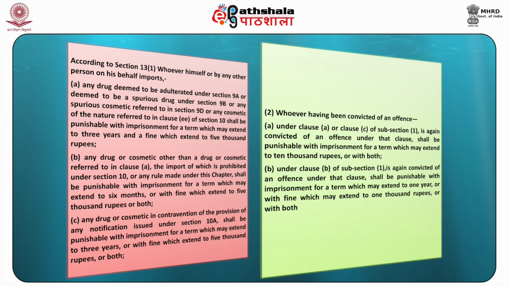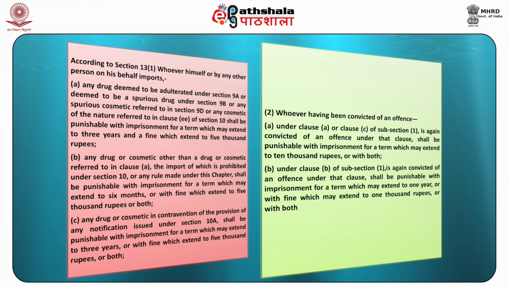Further it says that whoever, having been convicted of an offence under clause A or clause C of subsection 1, is again convicted of an offence under that clause shall be punishable with imprisonment for a term which may extend to 5 years with fine which may extend to 10,000 rupees or with both.